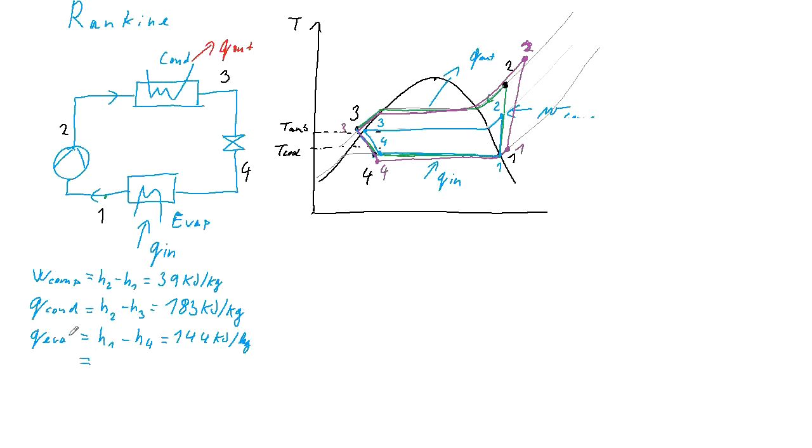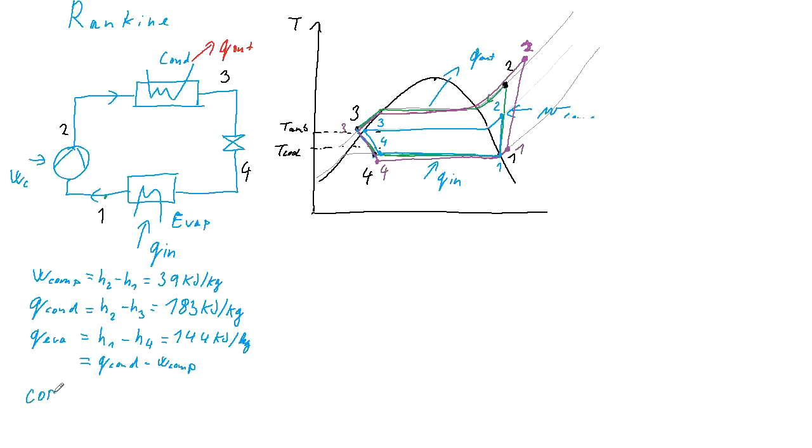Also you should be able to get the heat transfer in evaporator from the energy balance. Here we have work of the compressor as the heat transferred in the condenser minus the work input into the compressor. So you can check that this is valid.